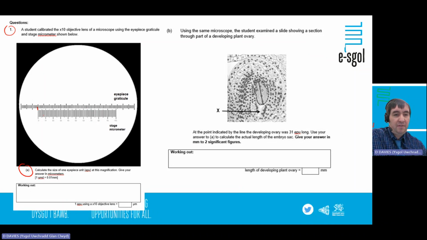So just doing 5 stage micrometers for eyepiece graticules is not ideal. You need to try and do bigger numbers. I'm going to shut up now. I'd like you to try and work that out if you can, please.